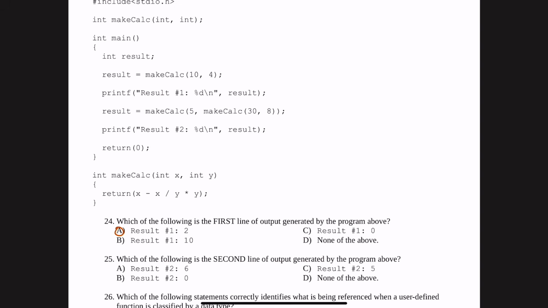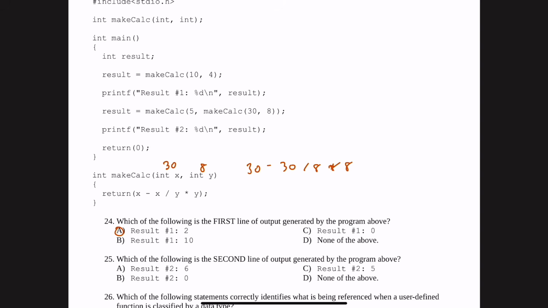Moving on to question 25. Notice here we have nested function calls. So first I'm going to do this inside call, and then I'm going to work my way out. So x is equal to 30. Y is equal to 8. 30 minus 30 divided by 8 times 8.